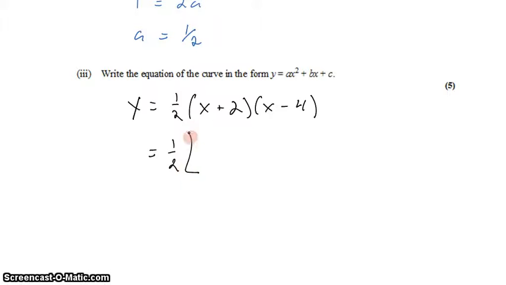I'll leave the 2 outside for now, but X times X is X squared, so that's first, outer, inner, last. So first is X times X, outer is -4 times X, inner is 2 times X, and last is -4 times 2.